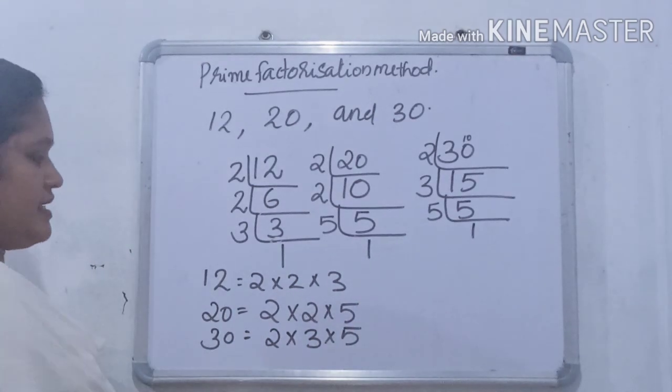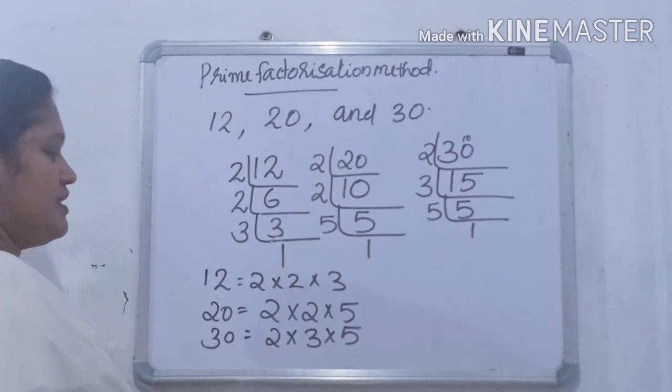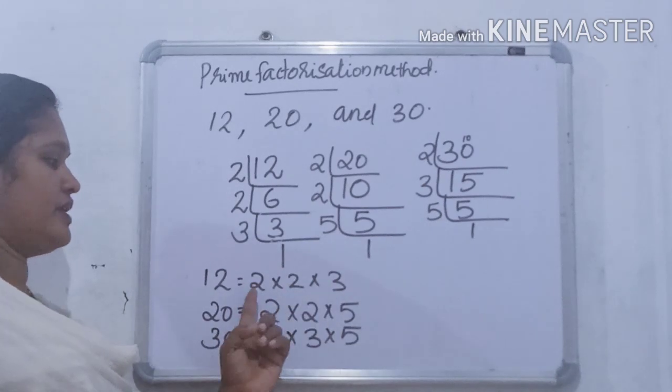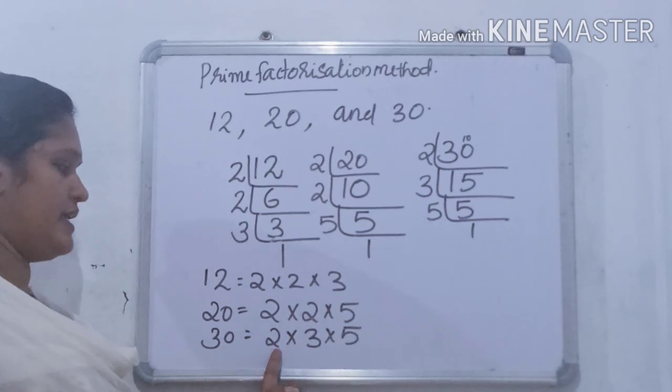Here, which are the factors? 2, 3 and 5. The most occurrence of 2: here 2 times, here 2 times, and here 1 time.